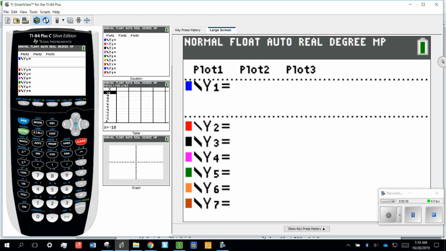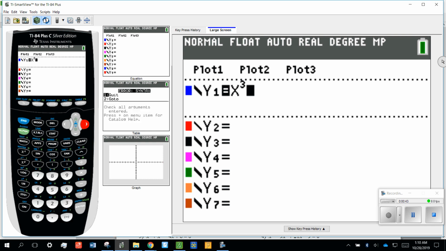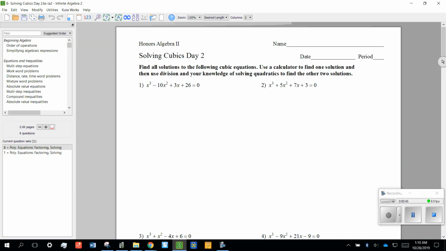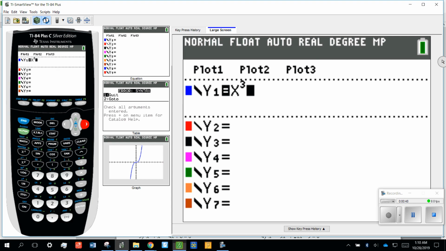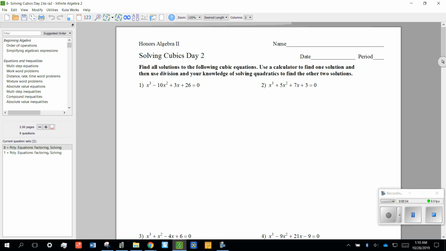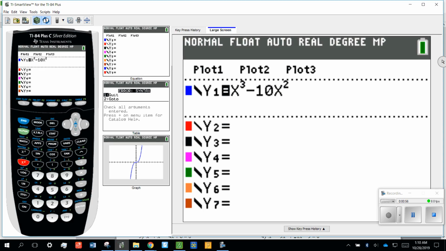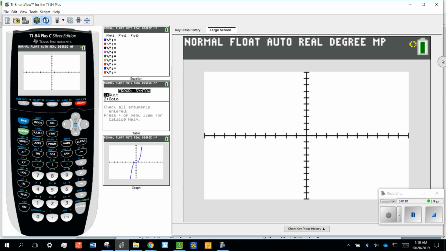So we'll go to the calculator here, and we get x cubed minus 10x squared plus 3x plus 26. And we graph.